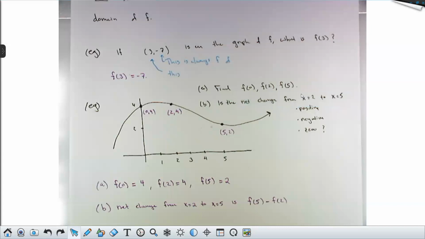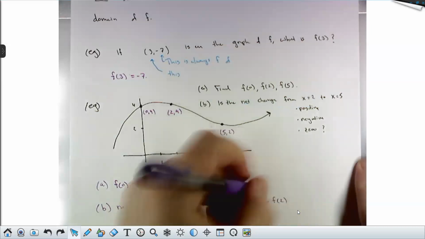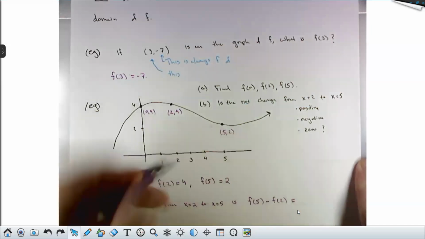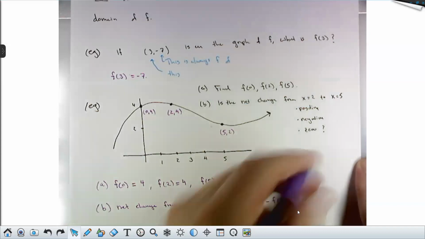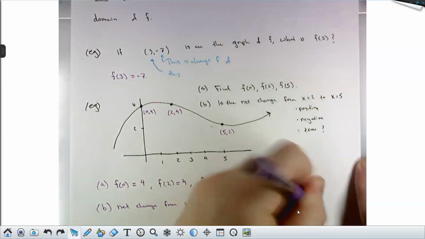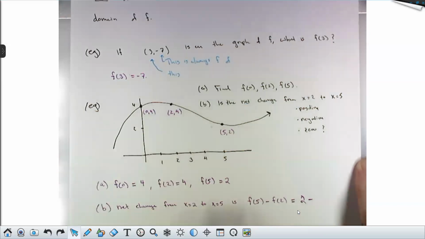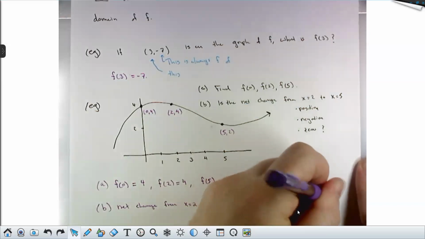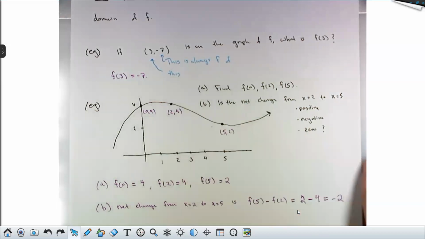So that's f of 5 minus f of 2 right here. What is f of 5? Well, we just said f of 5 is 2. And then from that, we subtract f of 2, which we said is 4. And 2 minus 4, that's negative 2. So what's the answer to part B? Negative, right? We were actually able to compute it. It's exactly negative 2, which is negative.